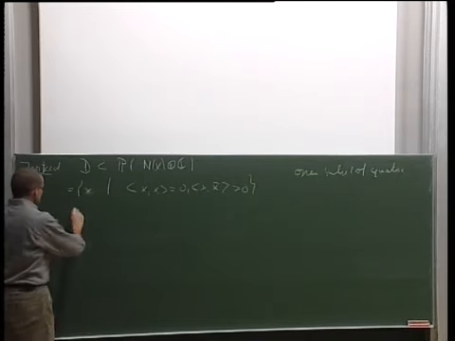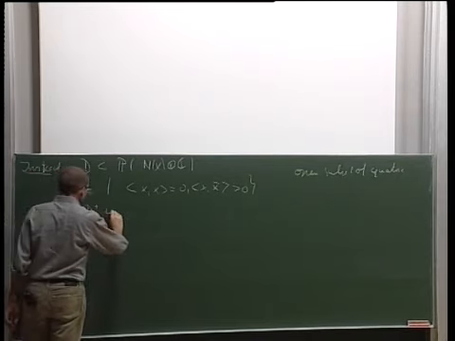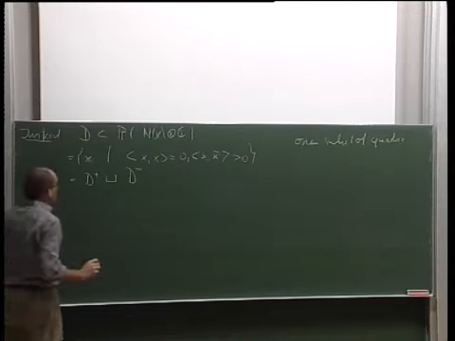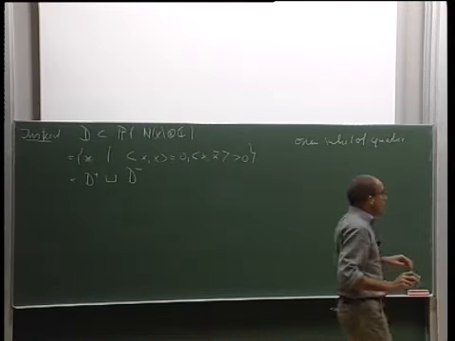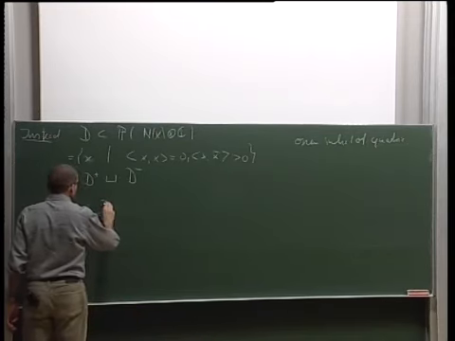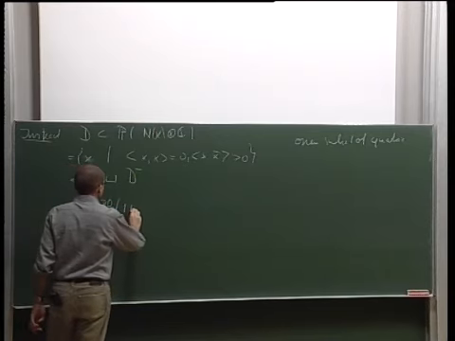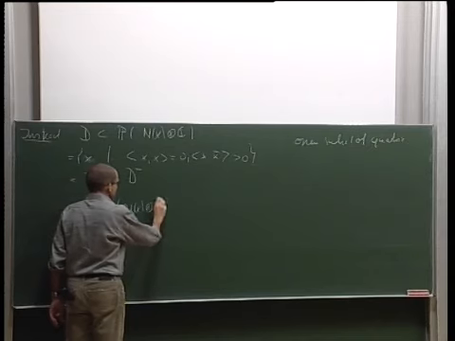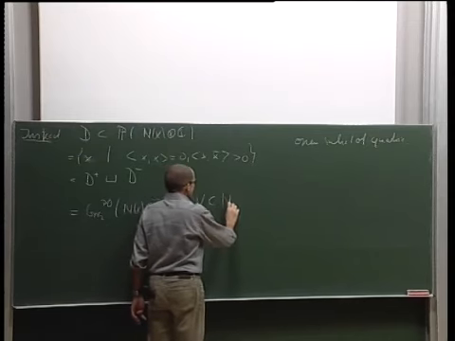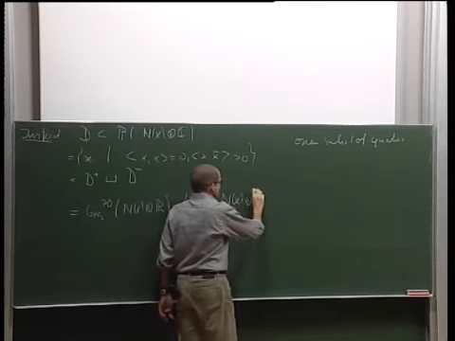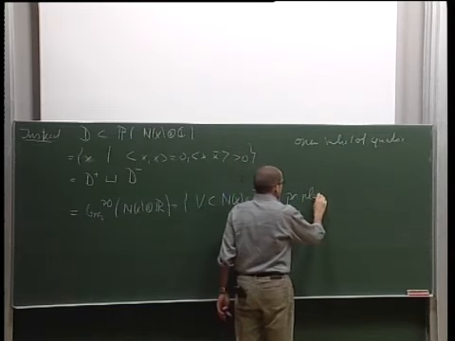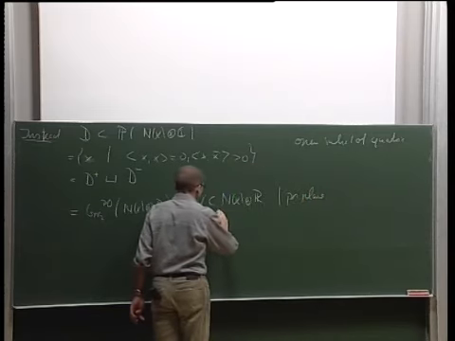So again, this has two connected components, which I write as D plus and D minus. And I can describe this differently as the space of oriented positive planes in the real vector space associated to R. So this is the Grassmannian of all planes, it's a positive plane, and in addition I fix an orientation.